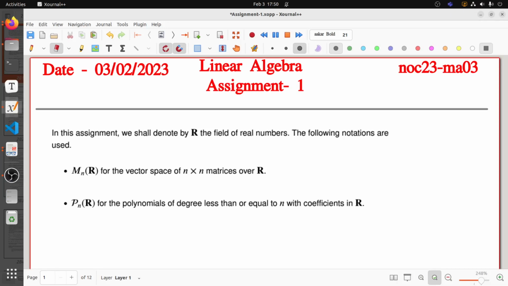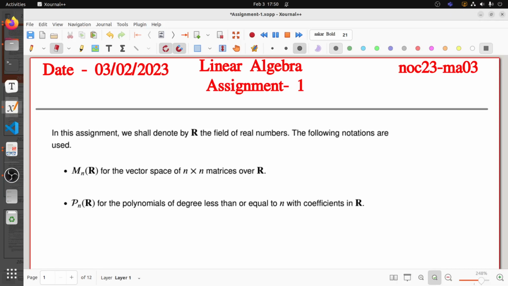But 1 not equals minus 1. These two sets are not the same. So A not equals B. So this is false, right?